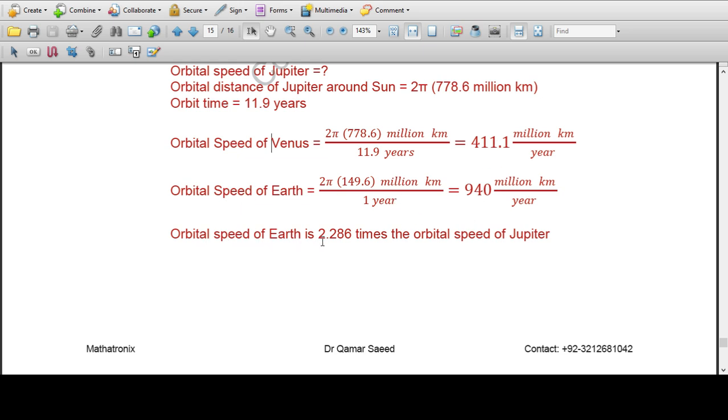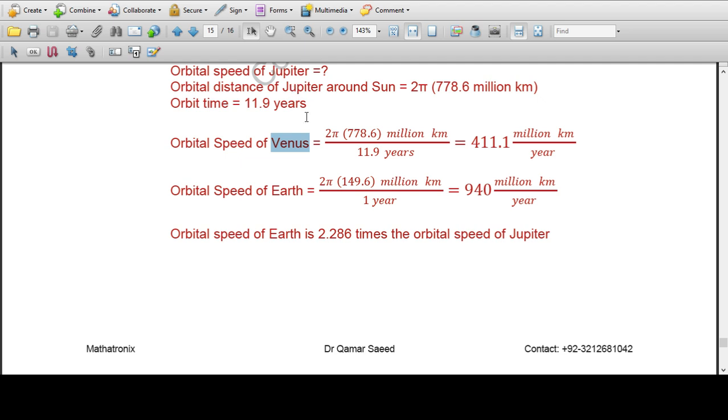The orbital speed of Earth is 2.286 times the orbital speed of Jupiter, so it is quite high. The orbital speed of Earth is more than double the speed of the Venus. Oh, sorry, Jupiter. This is Jupiter. This is not Venus. This is wrong.